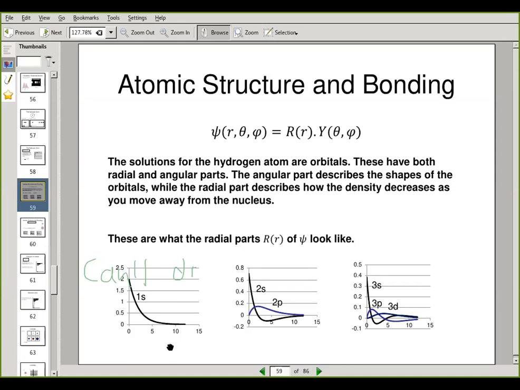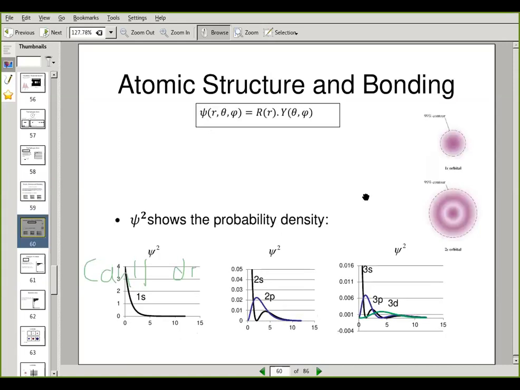So the question is, what else? I certainly want you to know the radial function for 1s. That's straightforward, and I do want you to know that because it becomes really important when we look at modeling. For the radial functions of the others, I want you to be aware that the 2s has a region of zero density in it, so it has this fine structure.